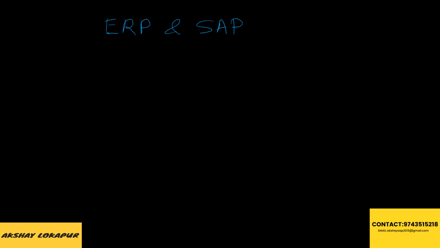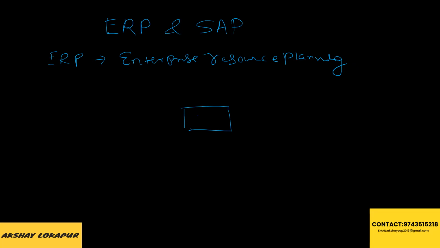So SAP is one of the ERP products. First we'll understand what is ERP, right? ERP means enterprise resource planning. Any company you take, for example a manufacturing company, requires production, so many activities take place.